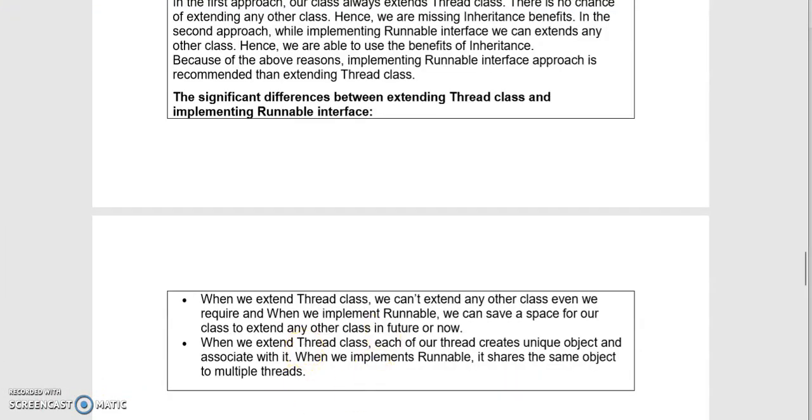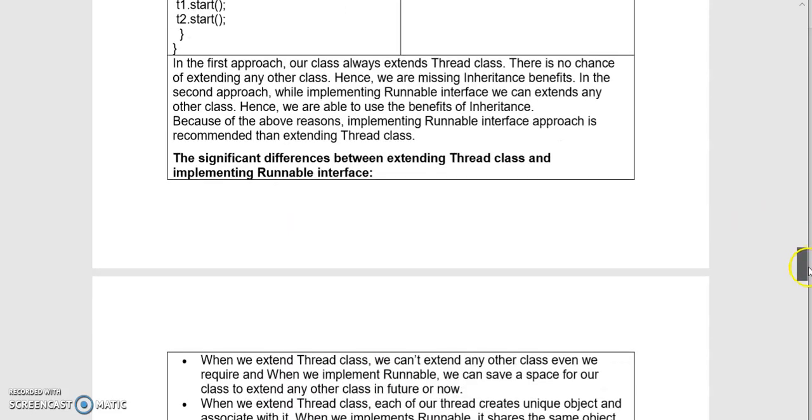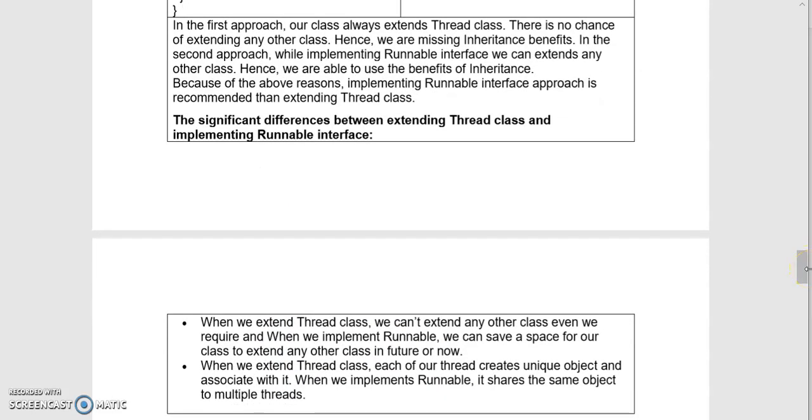So the basic problem with using a thread class, or extending a thread class, is that there is no other possibility of extending another class or getting any extra inheritance benefits. While in the second approach, we can implement interfaces, which can be more than one in number.